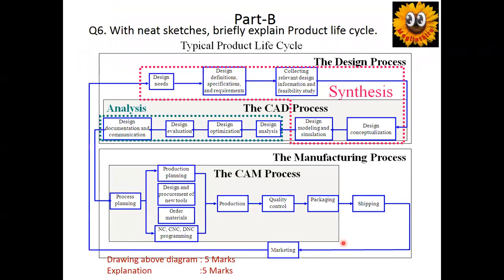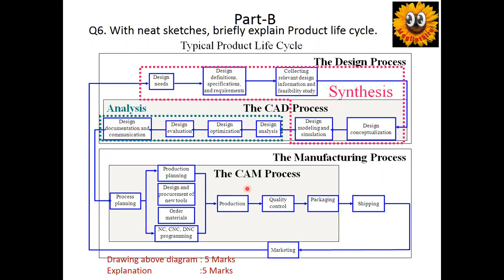Product life cycle. There are two major divisions in this diagram. Drawing this diagram carries 5 marks, and writing an explanation relevant to this drawing carries another 5 marks. In the drawing, the key points are design process and manufacturing process. In the design process, there are two distinct categories: synthesis and analysis.